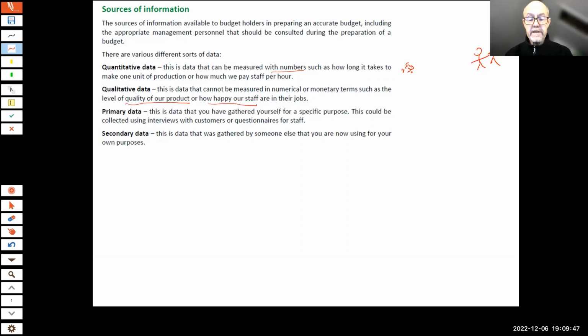So product quality, what might we measure? We might measure returns. How many come back for repair because they don't work properly? We might measure repeats. How many customers come back for more of the same because they are happy with it?